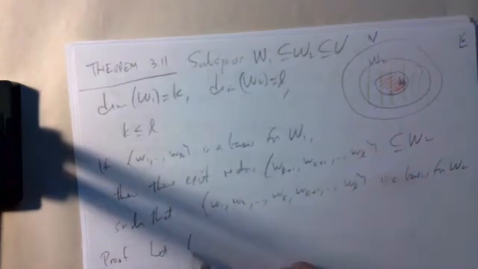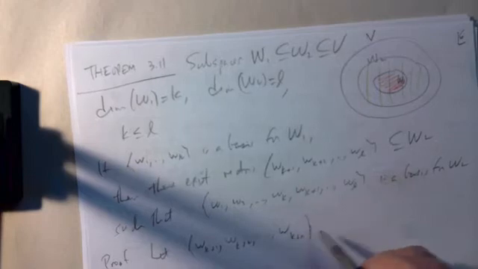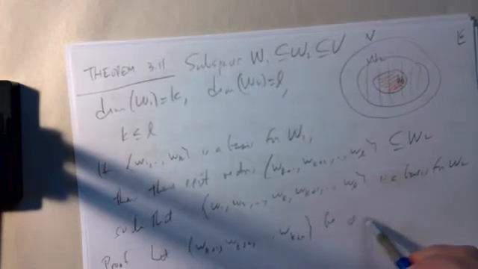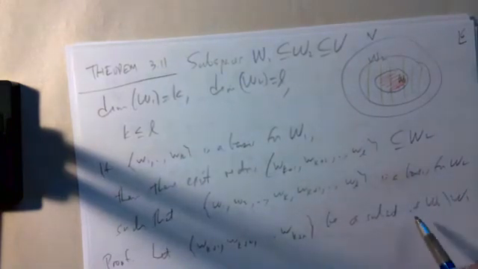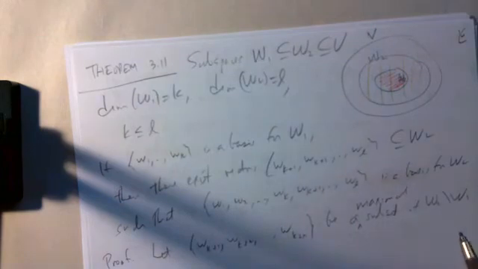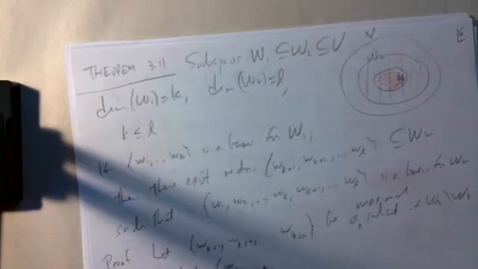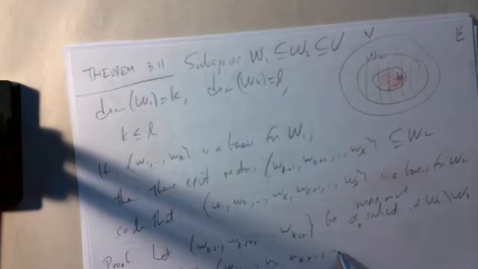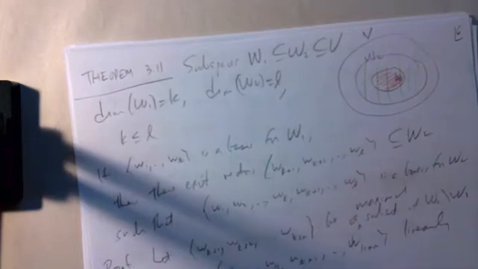So let w sub k plus 1, w sub k plus 2, up to w sub k plus r be a subset of W2 minus W1, not just any subset, a maximal subset. It means the largest possible subset of W2 minus W1 such that w1 up to wk and these k plus r vectors form a linearly independent set.